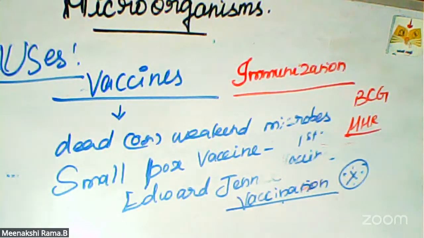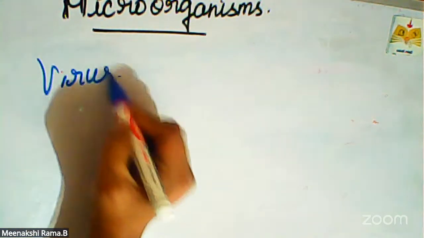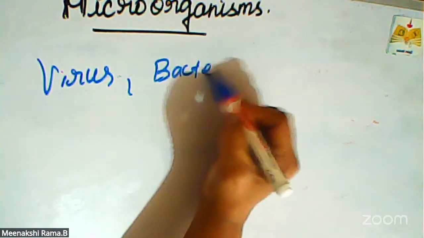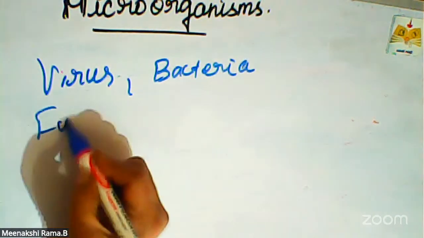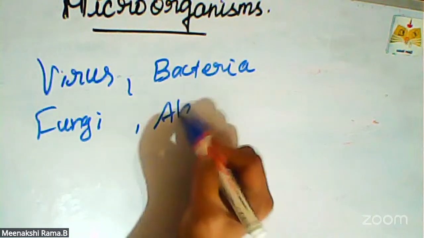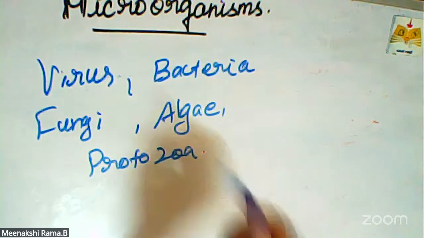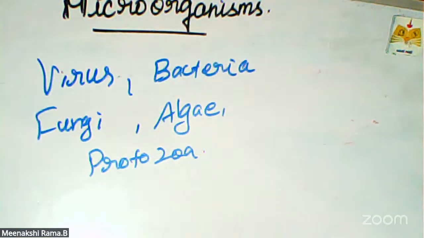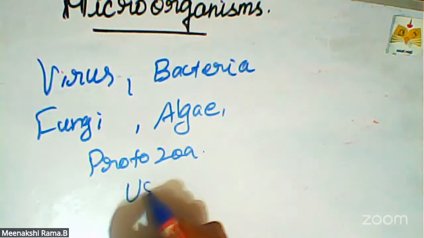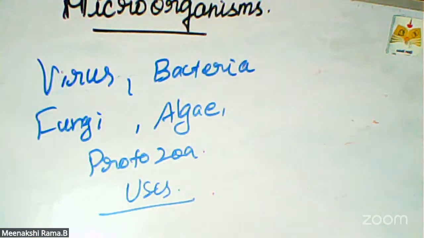Okay. So what topics did we learn in this session? What is a microorganism and virus? Microorganisms are divided into five categories: virus, bacteria, fungi, algae, and protozoa. The last part is uses of microorganisms; we completed just one part.